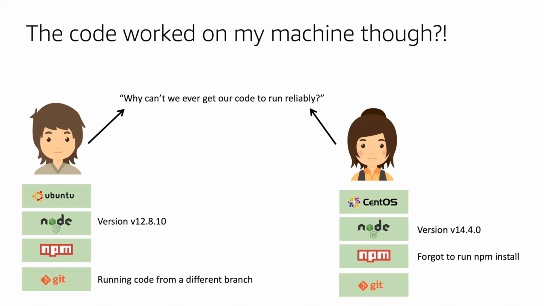And so you end up in this situation where the more pieces that are being put together to make this application run, the more likely you are to end up with someone who doesn't have the exact same installation environment as everyone else. And as a result, things don't function properly on their machine.